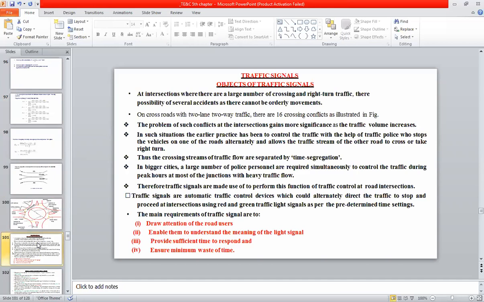Now today we are going to discuss traffic signals. How can we define the traffic signal?